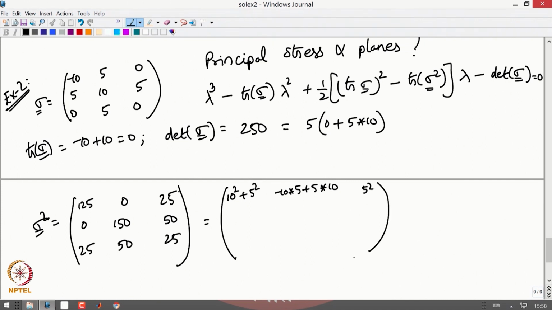Okay. Now, from here I can find trace of sigma square to be 300.